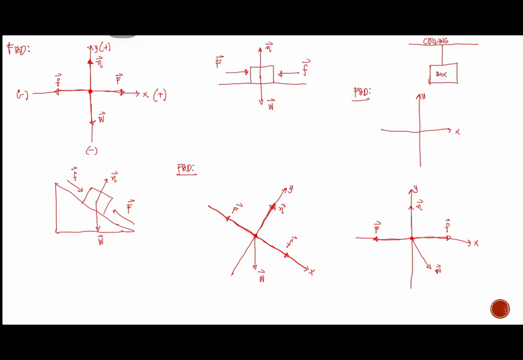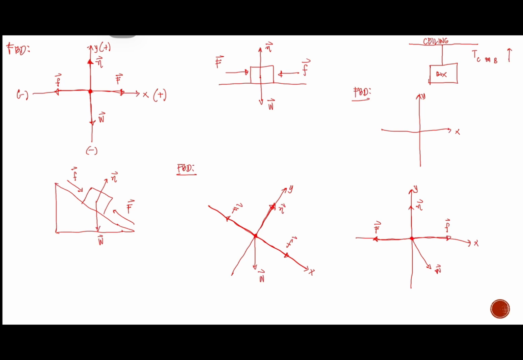So we have two types of tension forces. The first type is the tension force that the ceiling exerts on our box. The tension force that the ceiling exerts on the box is going upwards.